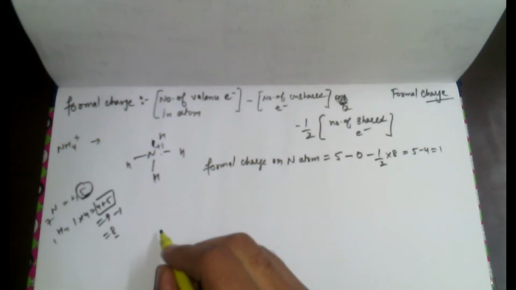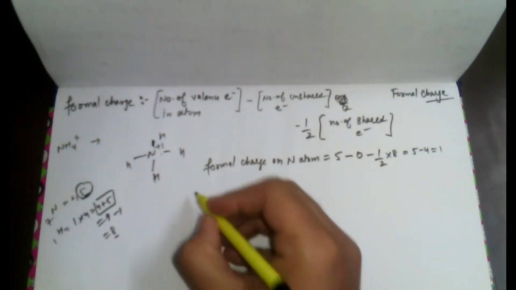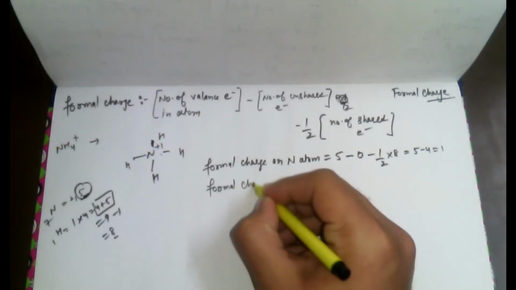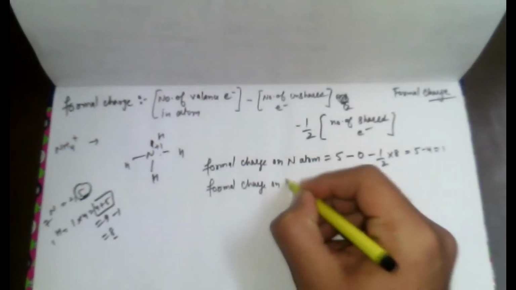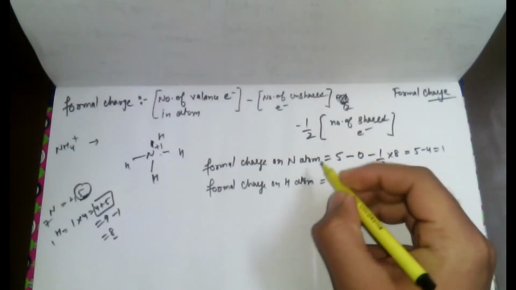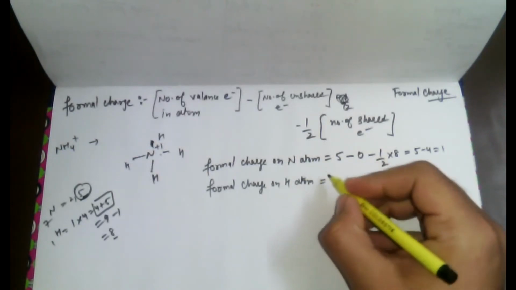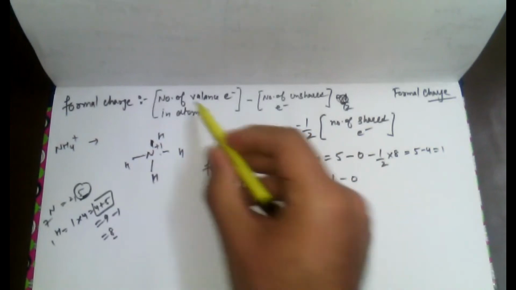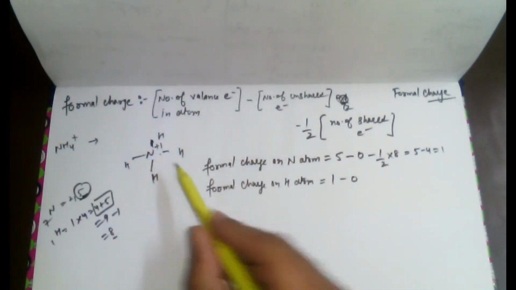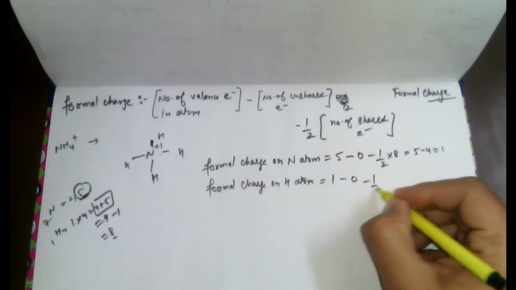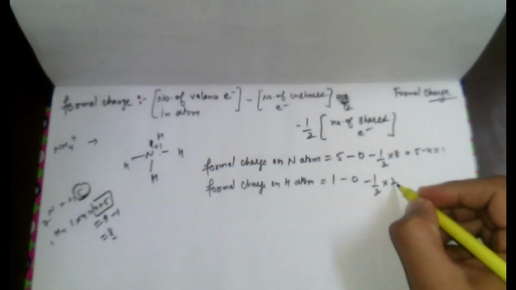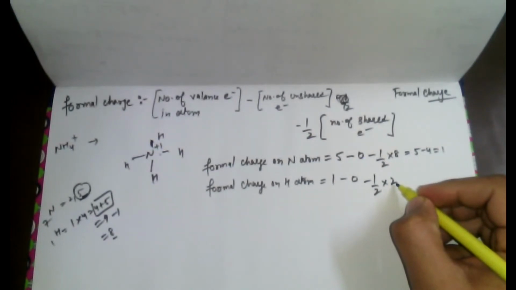These are the 4 hydrogens. Formal charge on a hydrogen atom: 1 minus 0, so 1 is the number of valence electrons, the number of unshared electrons is none, so we write 0, minus half of the shared electrons, which is 2, 1 from each side.